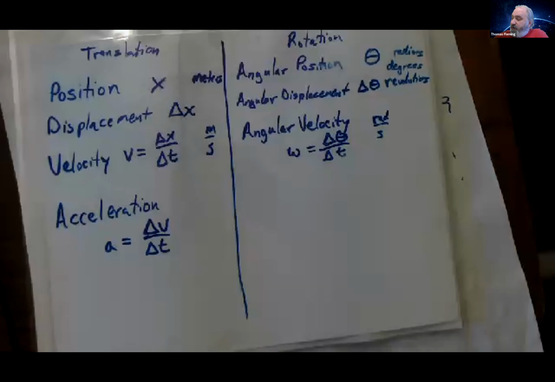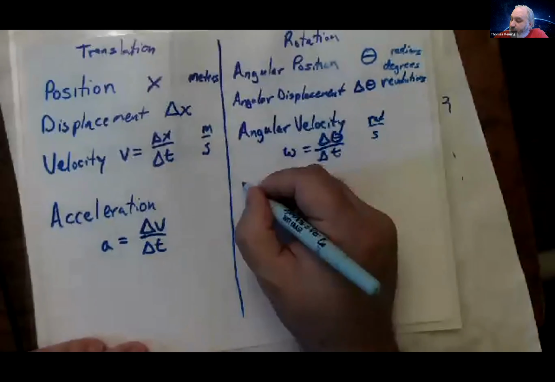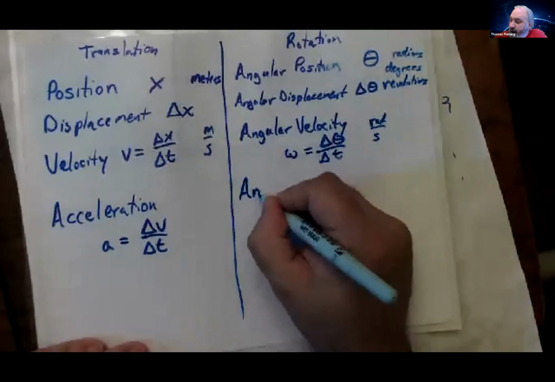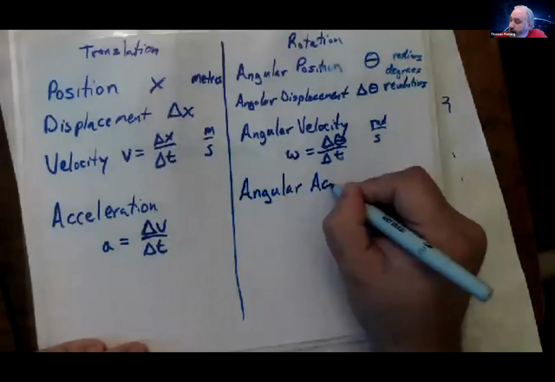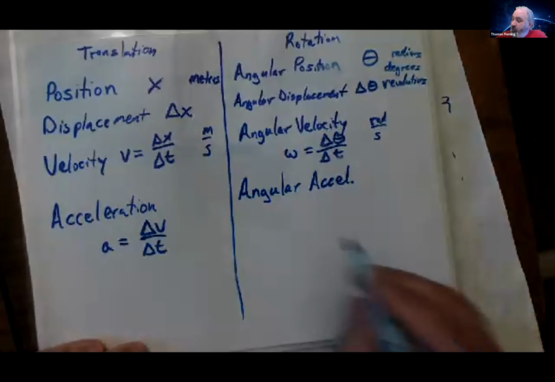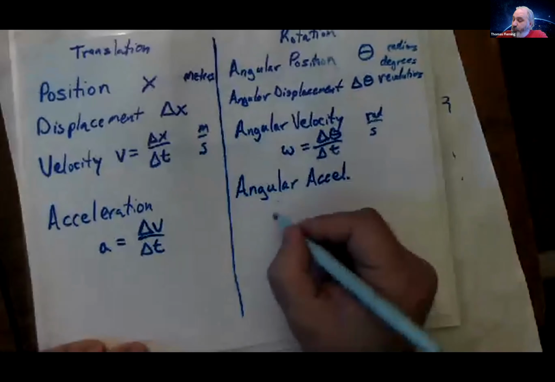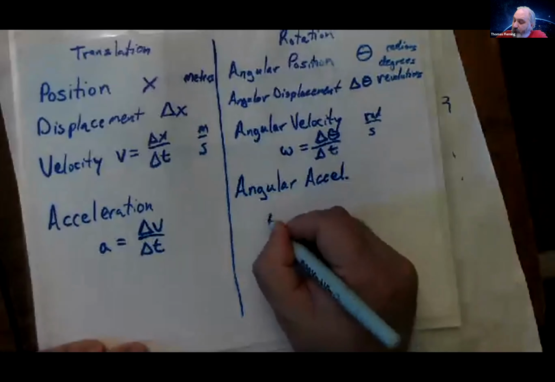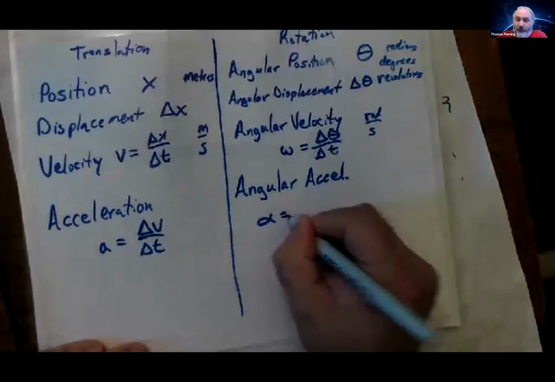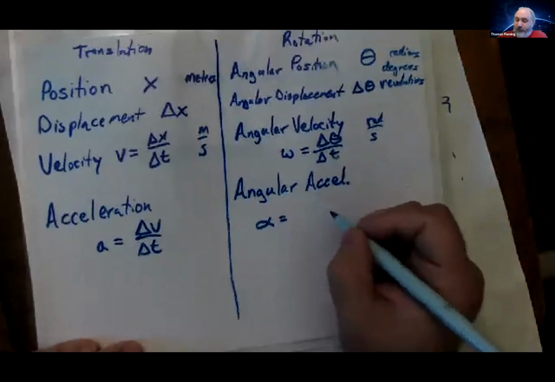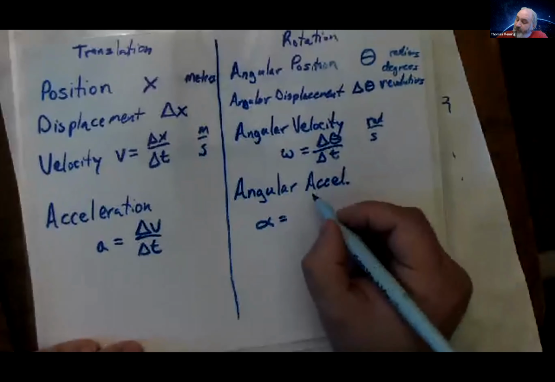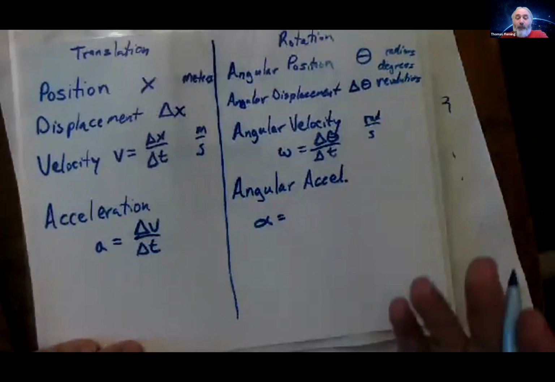Now, we're going to introduce the angular equivalent, angular acceleration. And for that, we're going to use the Greek letter alpha. It looks like a little fish, but it's not a fish. It is alpha. And when you call it a fish, I die inside. And we're going to define alpha the same way.